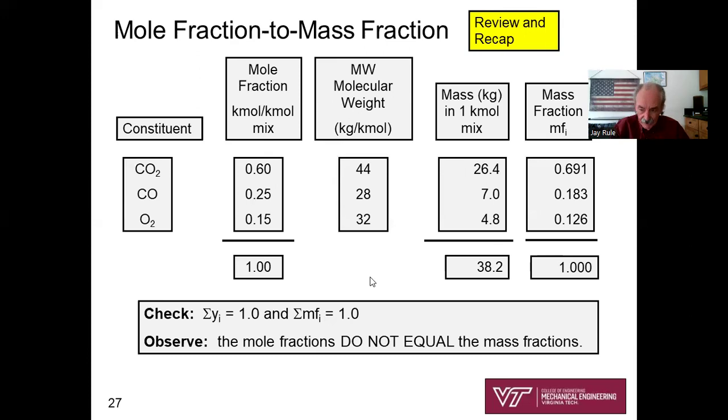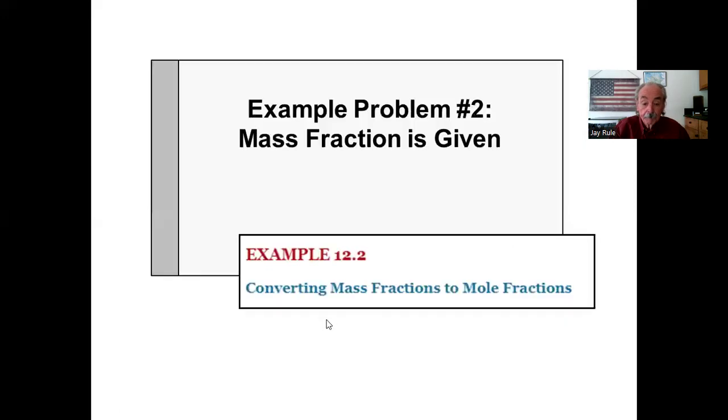For example, if you have hydrogen, molecular weight of 2, you're going to find that the mass fractions are dramatically different than the mole fractions. Here, the fractions are around the same order of magnitude. Hope you got that. Let's move on to the next example problem, trying to mimic example problem 12.2 in your textbook.